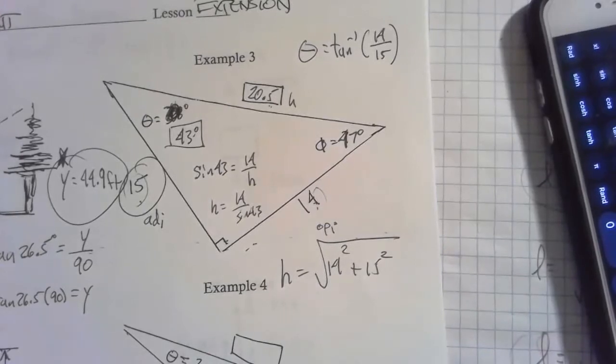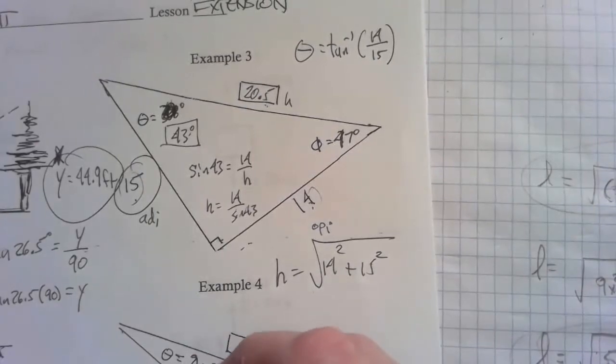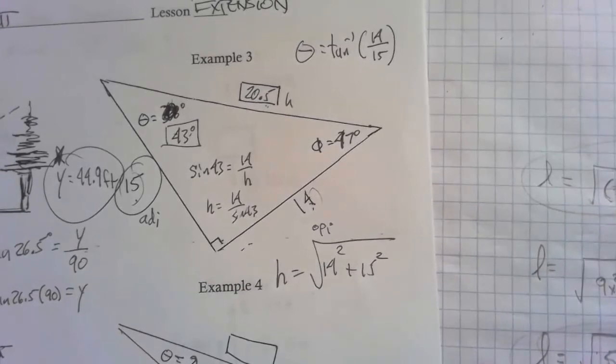That means theta, after I push the buttons, 35 divided by 95, and then second tangent, is 20.2 degrees. So this one is 20.2 degrees, which would make this angle 69.8 degrees.